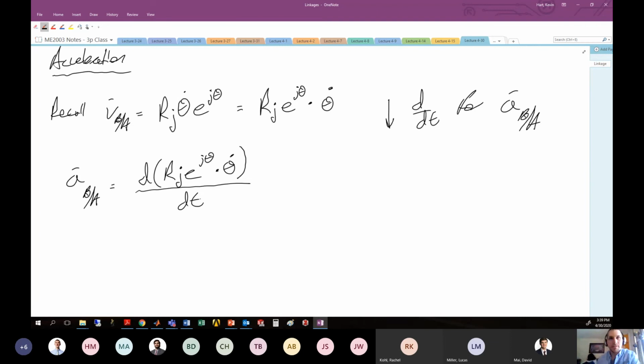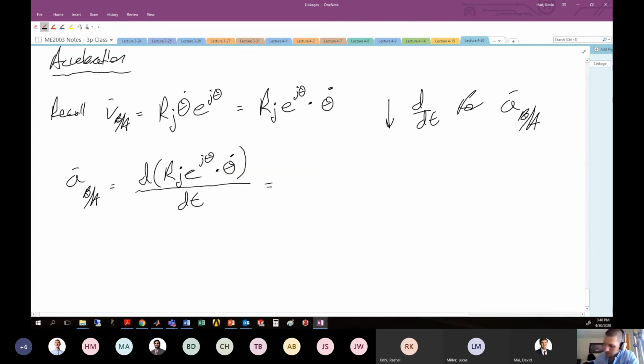We'll use the product rule in this particular situation. So where we have, this is like u, and this is like v, and then the product rule is u v prime plus v u prime. All right, so remember your product rule.